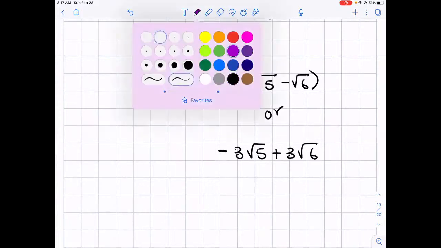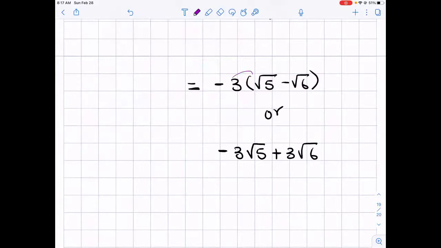Because how do we get the plus? When you distribute, this negative and that negative becomes positive.